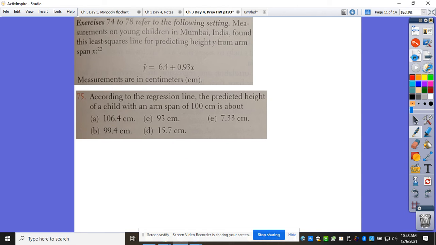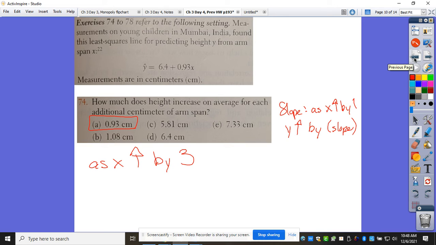I understand how to do it. I got it right, but I don't know what you just did. If it asks that instead, that x increases by 3, then what do you do? Plug in 3 for the x. Slope times 3. So if it asked, as x increased by 3, what would y increase by? It would be 3 times whatever the slope was. Because here it just said x increased by 1.